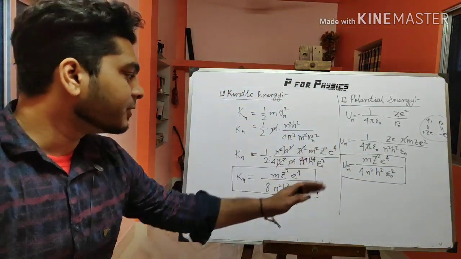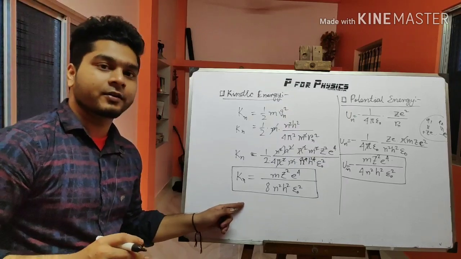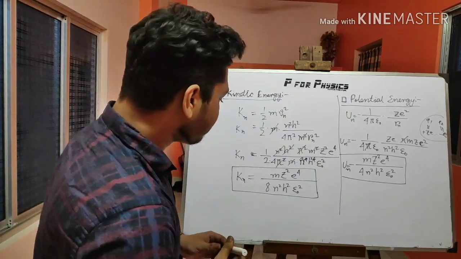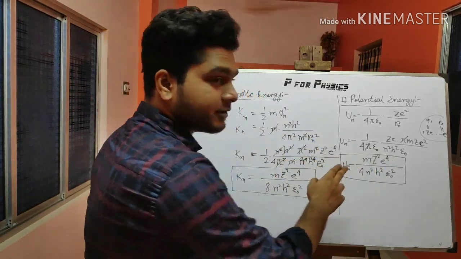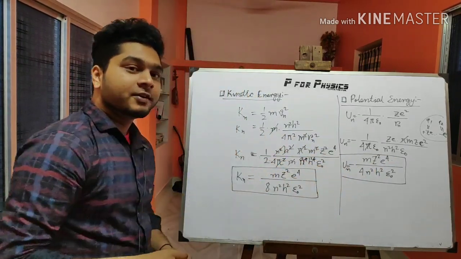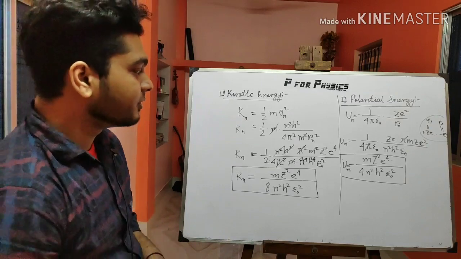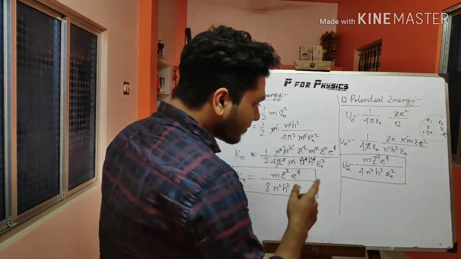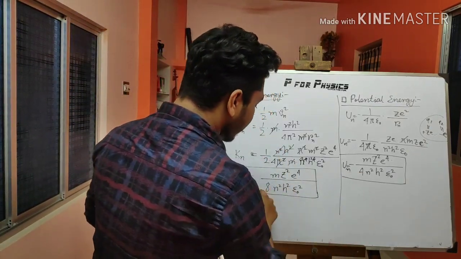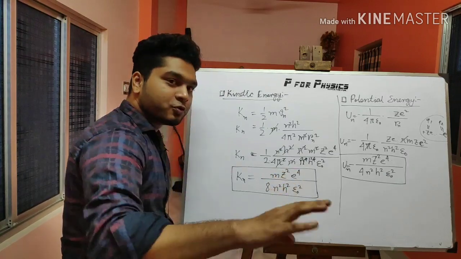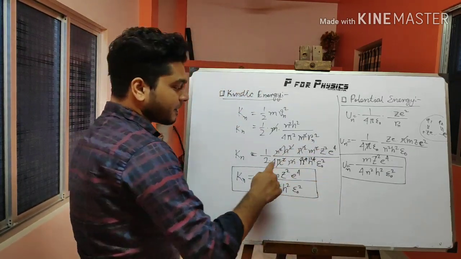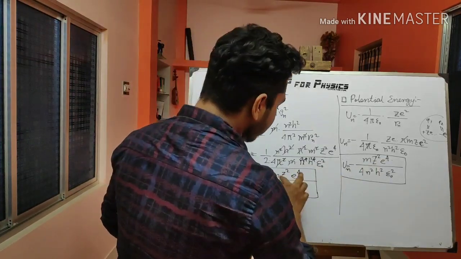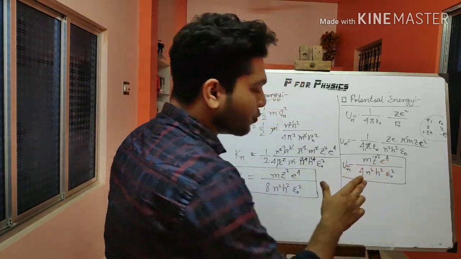Now, I still don't know if I have gotten this expression right or wrong, but I have with me the expression for kinetic energy. Both kinetic and potential are energies, so they should have the same dimensions. So apart from this number, that is 4 and 8, the other things should be the same. Simply compare the powers of each, and as I can see, these two are equal.